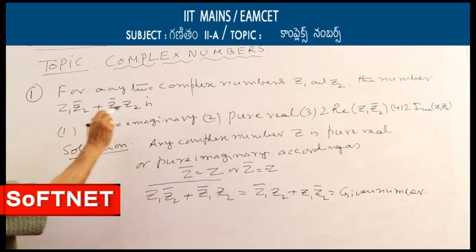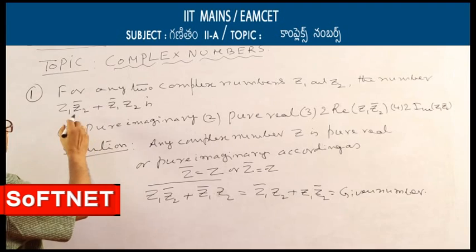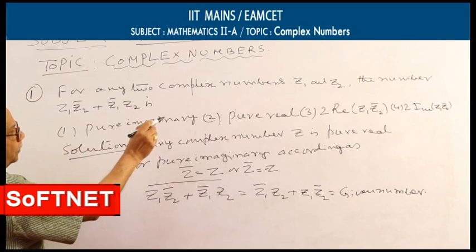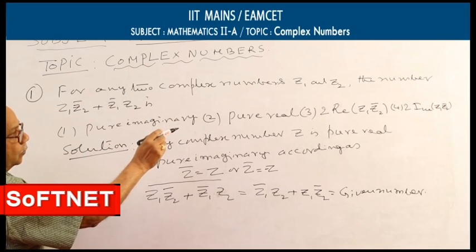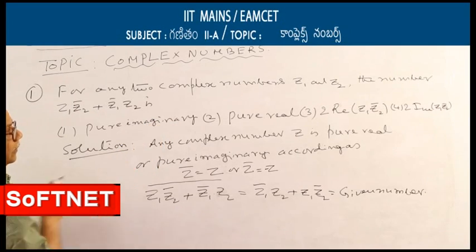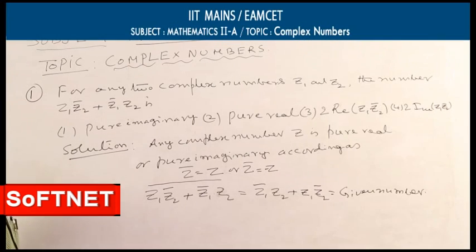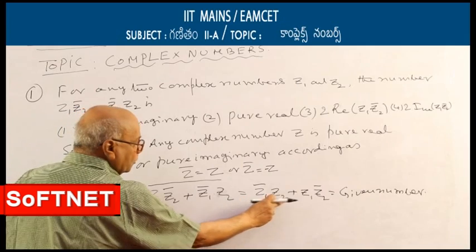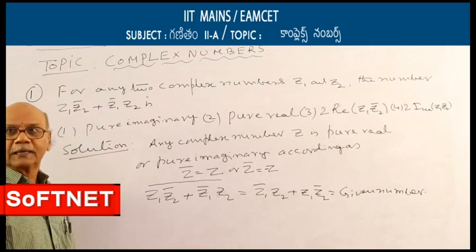For any two complex numbers Z1 and Z2, the number Z1 Z2 bar plus Z1 bar Z2 is 1, pure imaginary, 2, pure real, 3, 2 into the real part of Z1 Z2 bar, and 4, 2 into the imaginary part of Z1 Z2 bar. You know that any complex number Z is pure real or pure imaginary according as Z bar is equal to Z or Z bar is equal to minus Z. Now the given number bar is equal to Z1 bar Z2 plus Z1 Z2 bar, which is nothing but the given number.